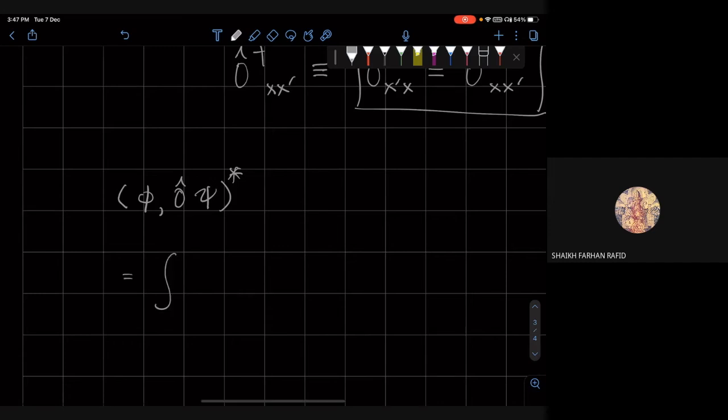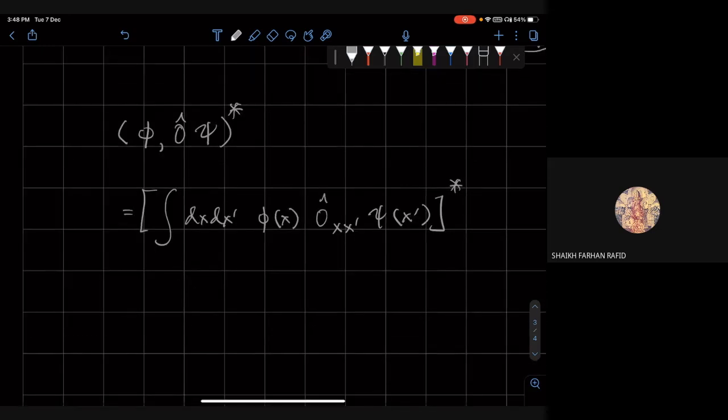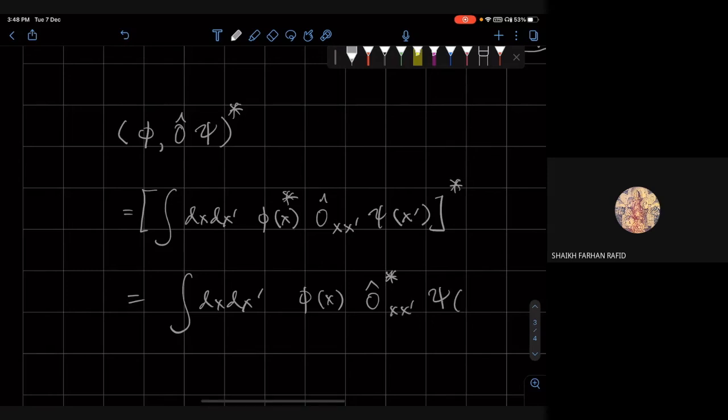This is the integral dx prime, phi of x, O hat_{xx'}, psi of x prime, complex conjugated, right? So then we can write this as, there's a complex conjugation here as well, so the integral dx prime, this first factor just becomes phi of x, and this becomes star of O_{xx'}, and then psi of x prime with a star, okay?